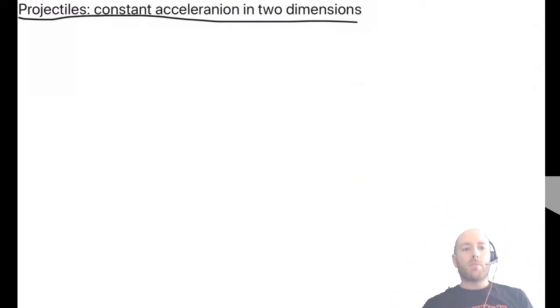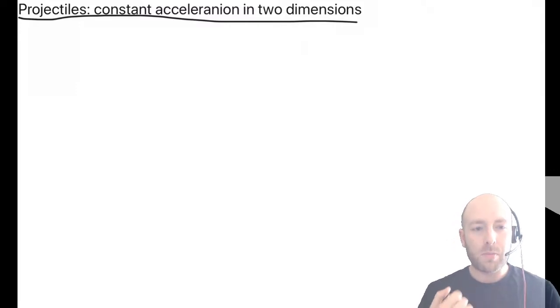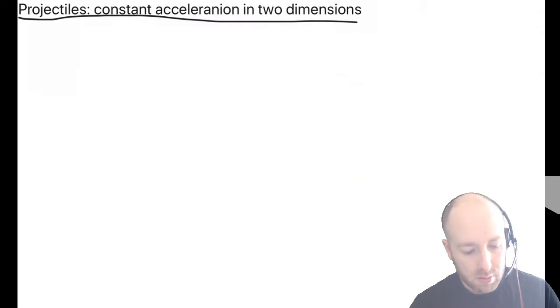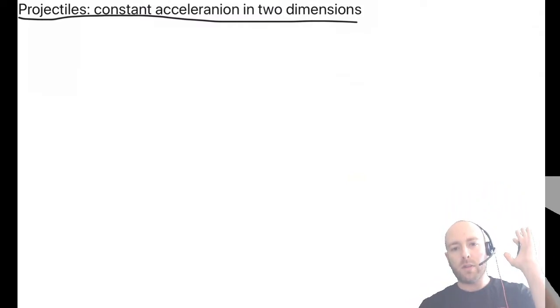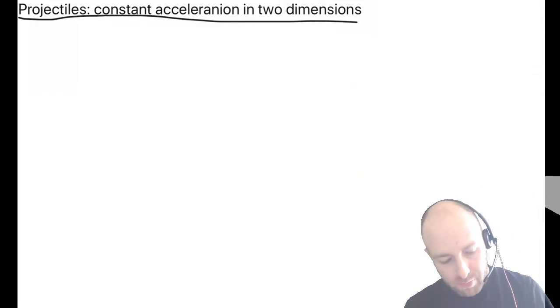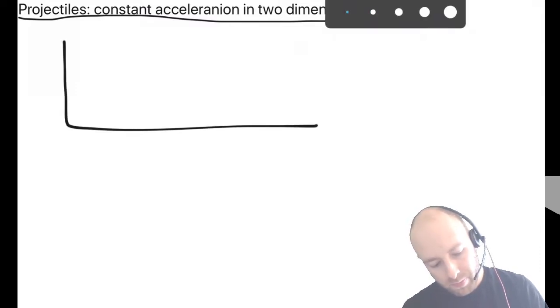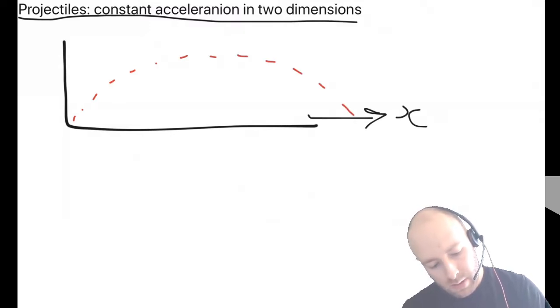Right, projectiles. Constant acceleration in two dimensions. So we've done this before, but we're looking at revising it. We're talking about using SUVAT for vertical and horizontal at the same time. So if we imagine a particle flying through the air, and this is x.